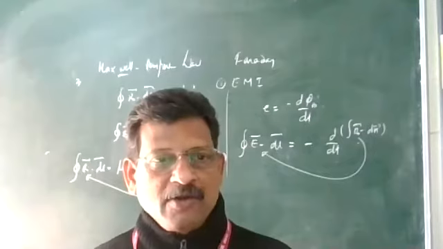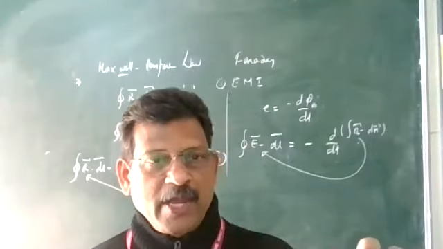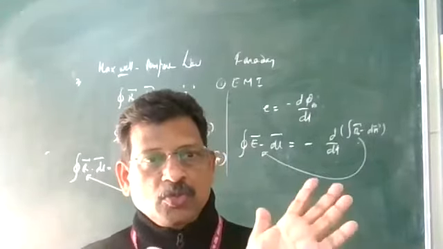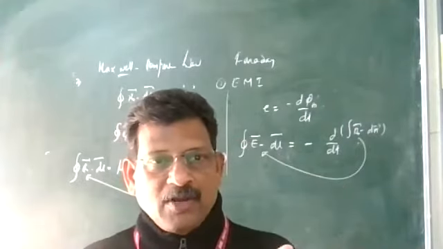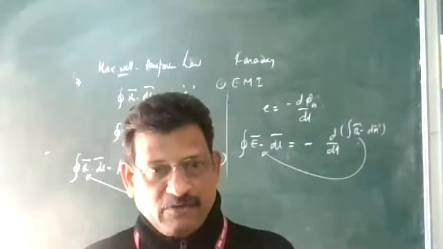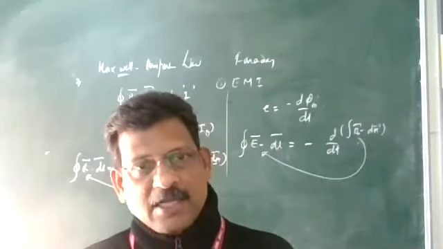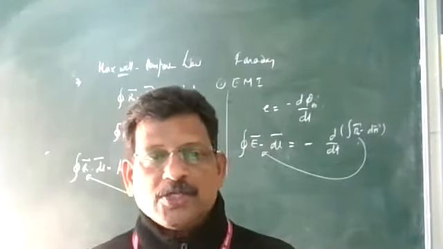So an electromagnetic wave can be defined as a wave which is produced due to two mutually perpendicular variations of electric field and magnetic field, just like a sine function, and that is perpendicular to the direction of propagation of the wave.